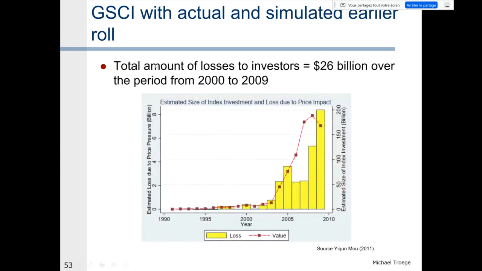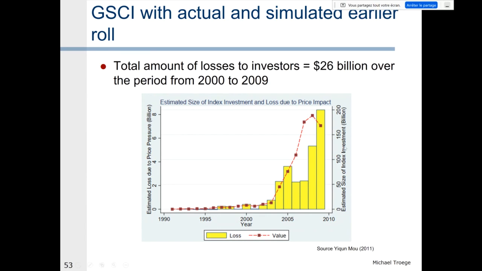Here the author specifies what the losses are. You can see that the differences between the earlier roll and the later roll are not very important in the 90s and early 2000s. Why not? Maybe because there was simply not a lot of money invested in these Goldman Sachs Commodity Index funds. But in 2008, 2009, we have seen, as I told you, a huge inflow of money, and of course now the prices react in this roll period.